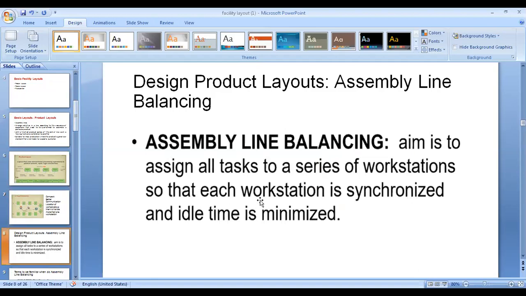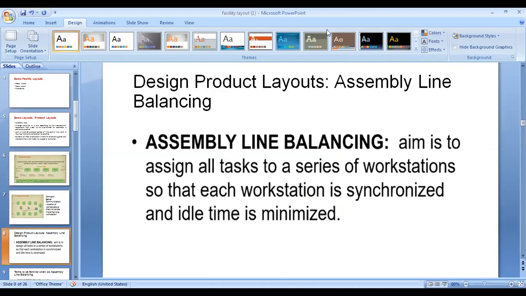The main aim of the assembly line balancing technique is to assign all tasks to a series of workstations so that each workstation is synchronized and idle time is minimized.